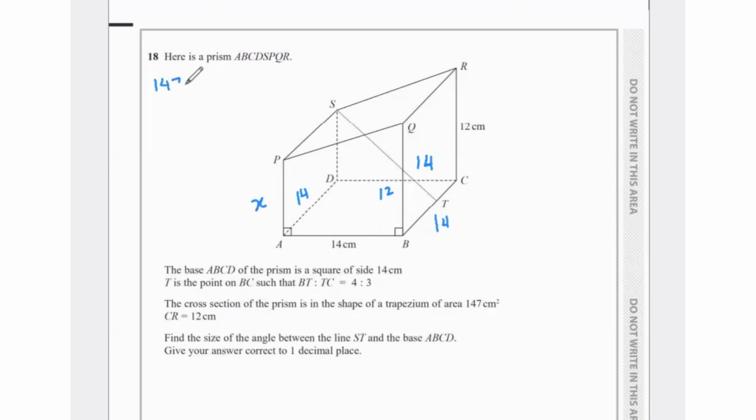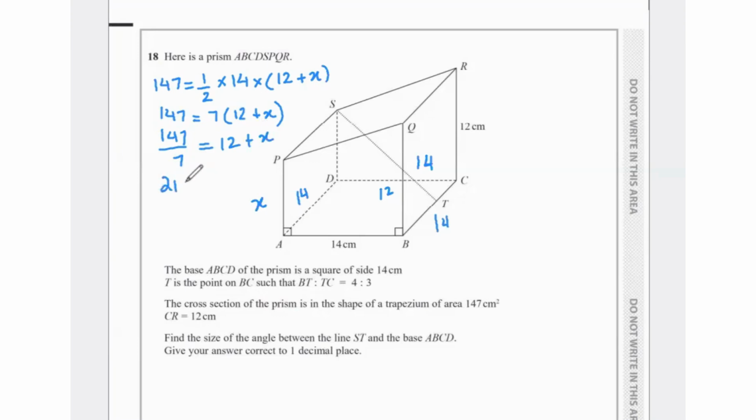So 147 equals 1 over 2 times the height, which is 14, times the sum of parallel sides, which is going to be 12 plus x. So that is 147 equals 7 times 12 plus x. 147 over 7 equals 12 plus x, which is 21. And if we do 21 minus 12, that's going to give us 9 centimeters. So that's the value of x.